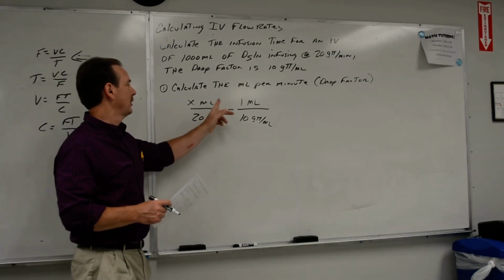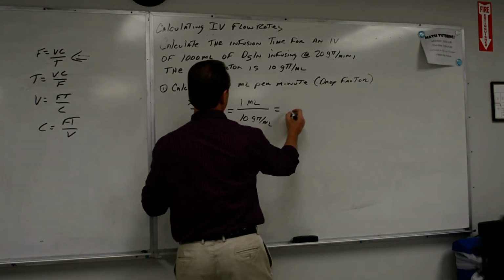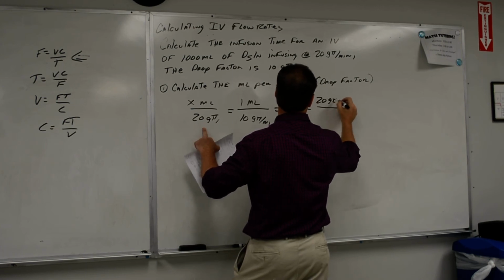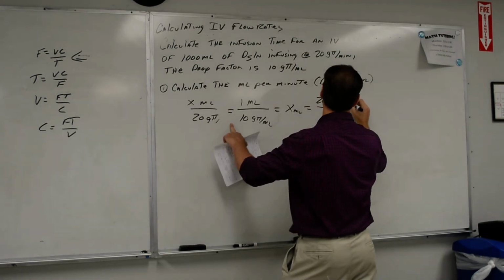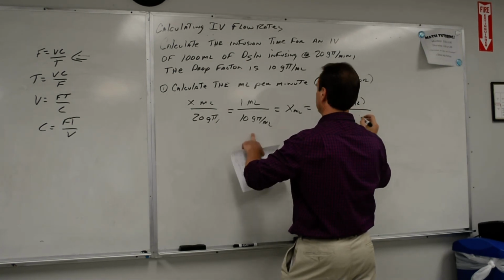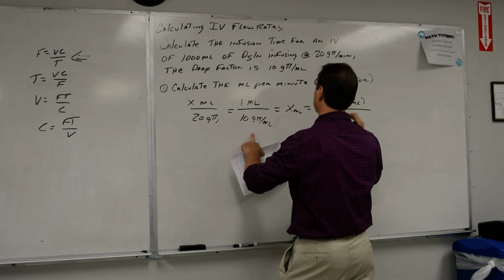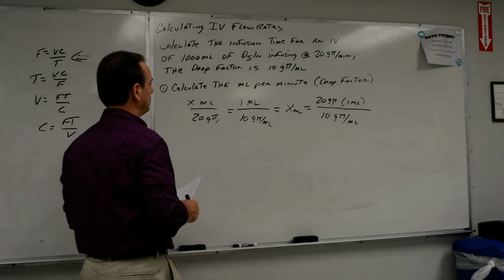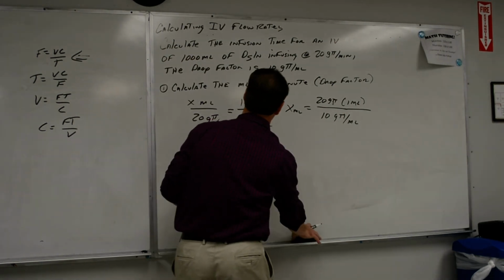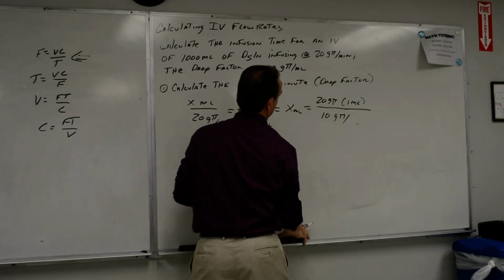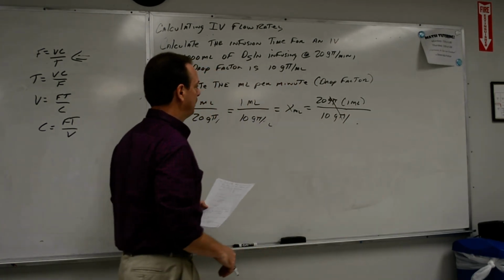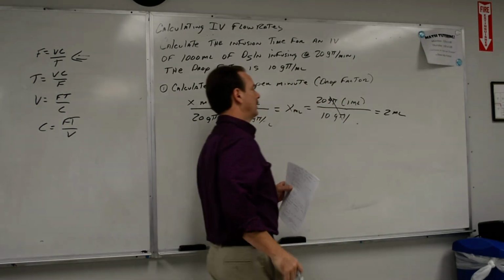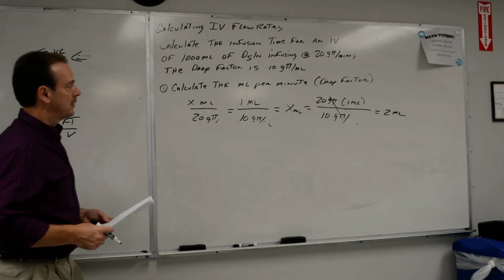We got drops here, milliliters there. This is going to equal... drops are going to cancel. What are we going to get? Yeah, this is going to equal 2 milliliters. And that's per minute, right?